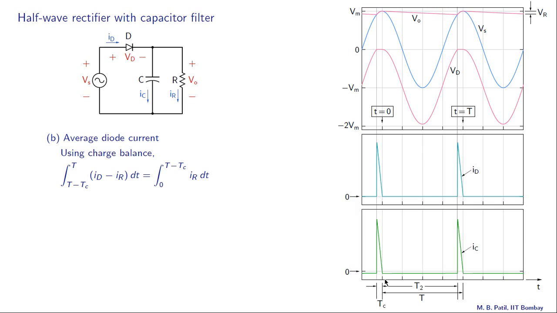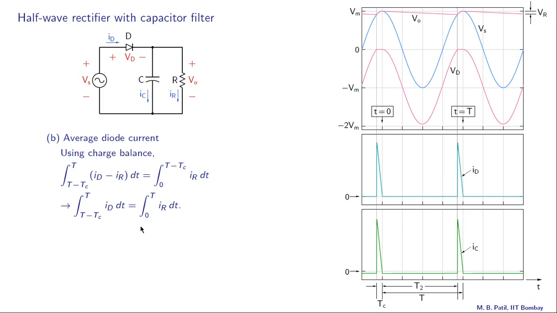So we are talking about the discharge phase now. So these two integrals must be equal, and we can simplify things. We can club this integral IR dt with the one on the right hand side, and then we get integral ID dt, T minus Tc to T is integral IR dt from 0 to T.